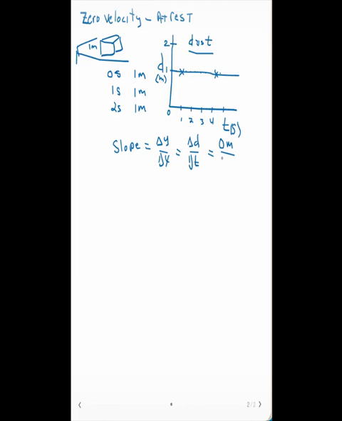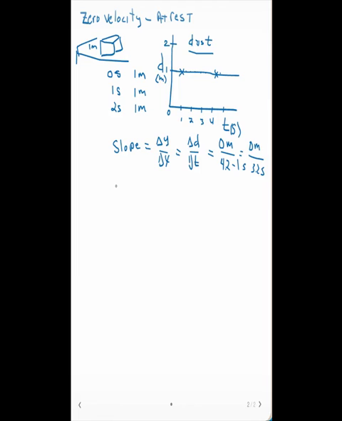So the change in time is 4.2 minus 1, and we'll get 0 meters over 3.2 seconds. Now 0 divided by 3.2 is 0.